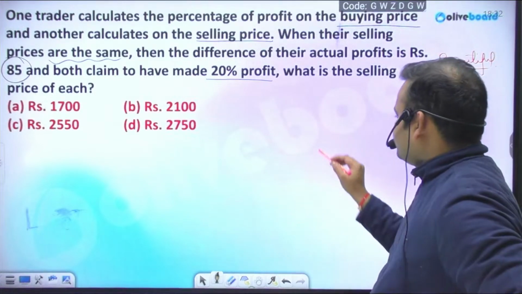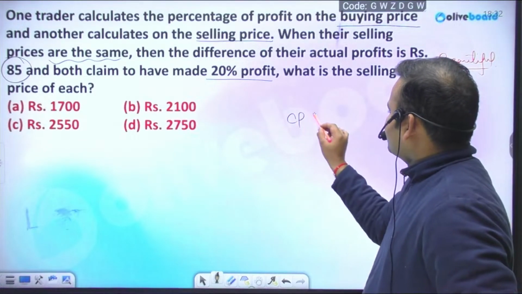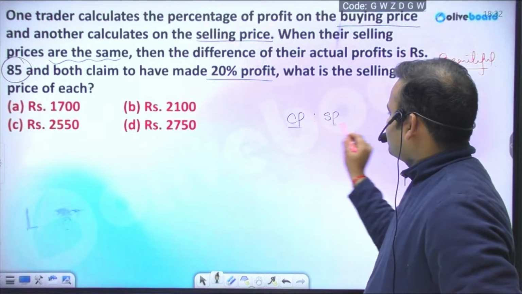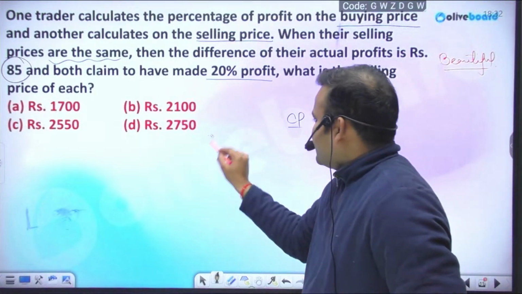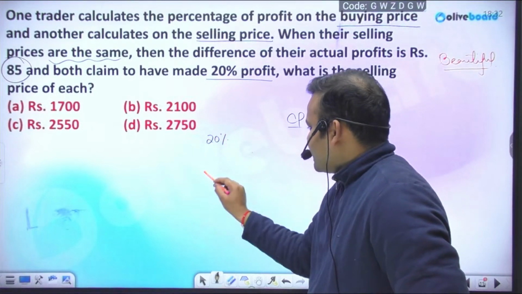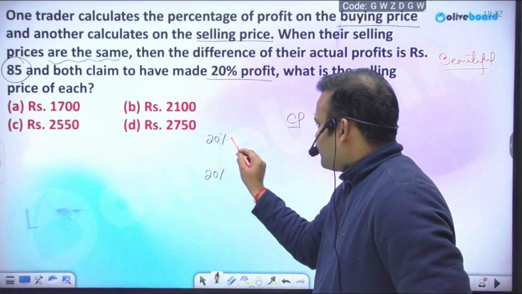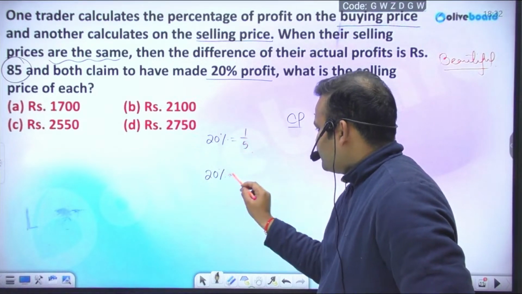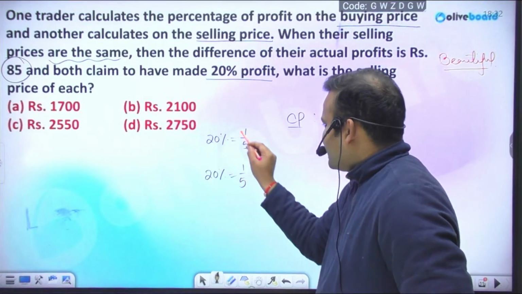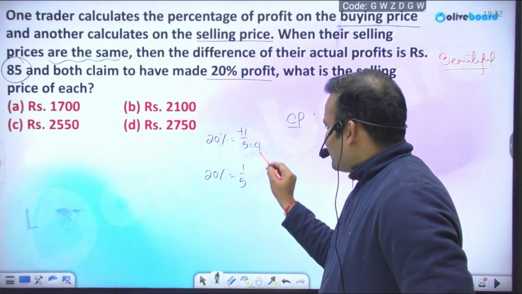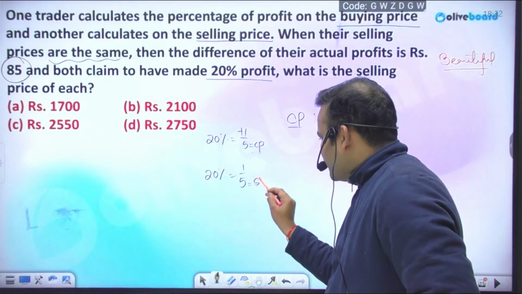Okay, so this is cost price and this is selling price. The first person is selling an article at 20% profit, and the second person is also selling it at 20% profit. 20% is 1 by 5 for both the values. But the catch is, he is calculating on CP and he is calculating on SP.